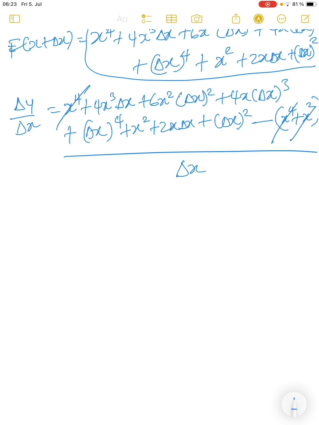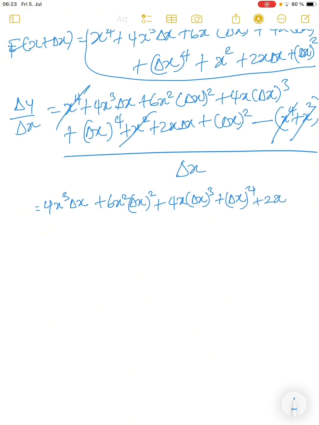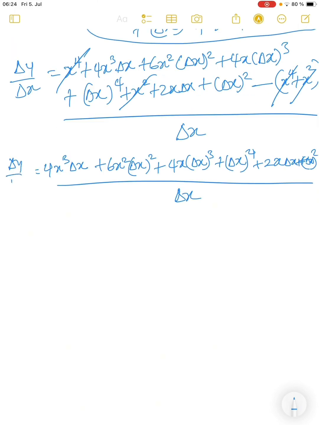So this and this goes, this and this goes. So we have 4x cubed delta x plus 6x squared delta x squared plus 4x delta x cubed plus delta x power 4 plus 2x delta x plus delta x squared, all over delta x, the slope along the interval delta x.